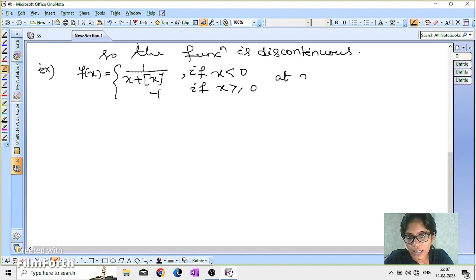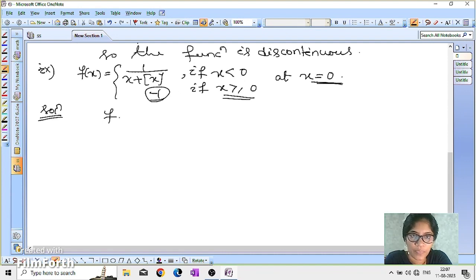Check at x equal to 0. Solution: we have to check at x equal to 0. The function at 0 is minus 1, and for greater than 0 also minus 1. So f of 0 is equal to minus 1.